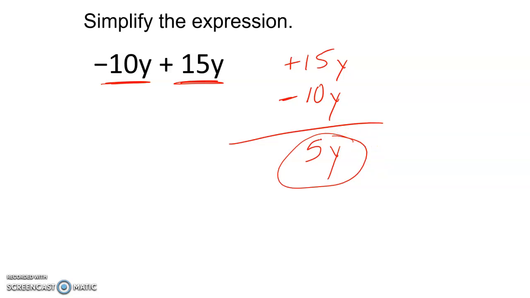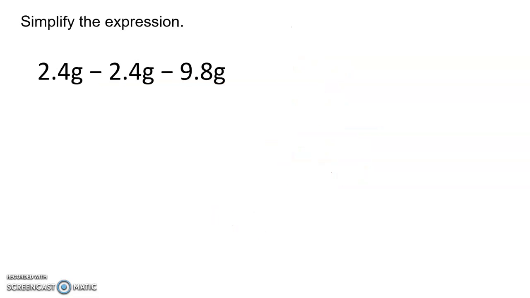All right, let's look at the next one. Now this one has a G, this one has a G, and this one has a G. So if I start right here, change that to plus a negative, this one plus a negative.